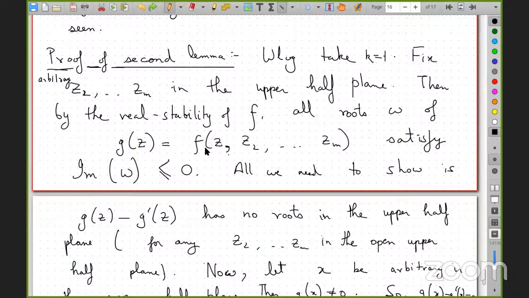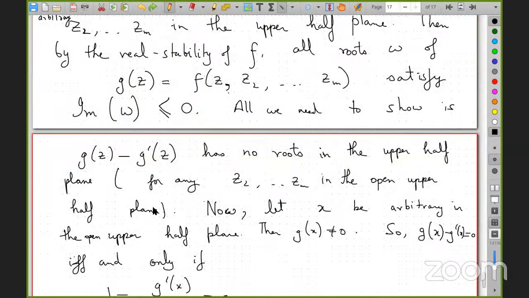Let me take such a point and look at z2 to zm, forget about the first coordinate, and look at the univariate polynomial, and I want to get a contradiction. That's what we are doing. So all we need to show is that g(z) minus g'(z) has no roots in the upper half plane for any such choice.